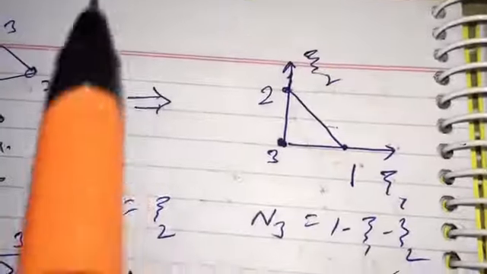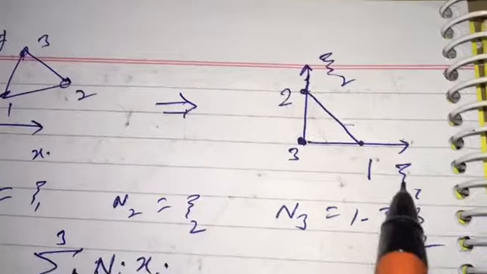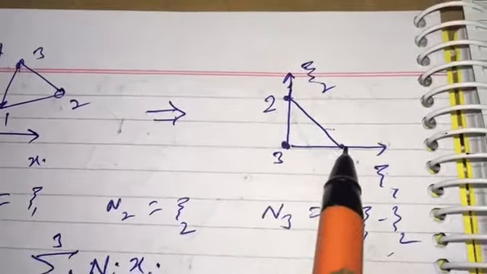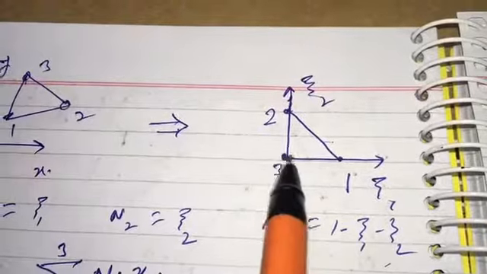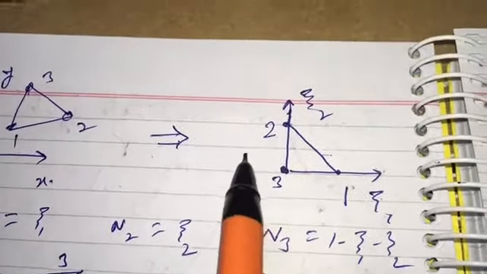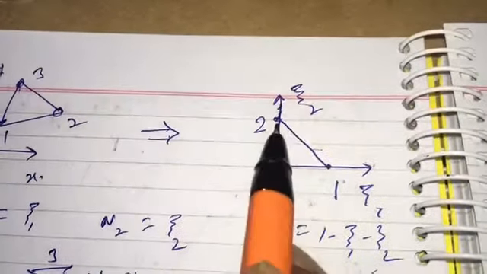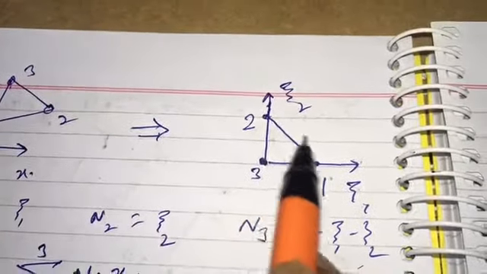In the xi1 xi2 system, if you see here, this is xi1, so 1 here, 1 here, the area is half multiplied by 1 multiplied by 1, so the area is half.